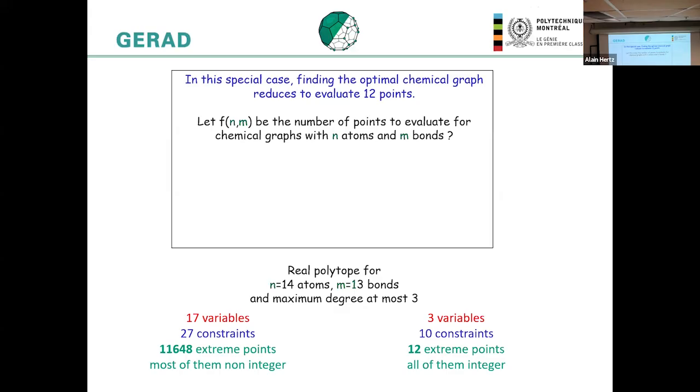So my question is, how does f vary if you change n and m? I want now a molecule with 1,000 atoms and 1,348 edges, what is the number of extreme points of the polyhedron? That's my question.